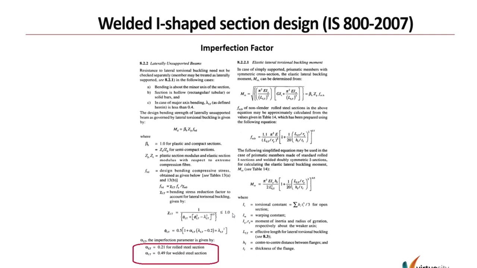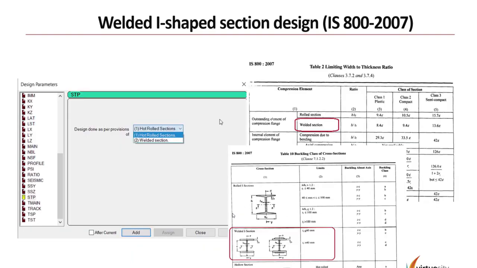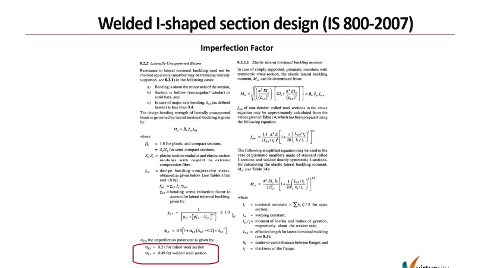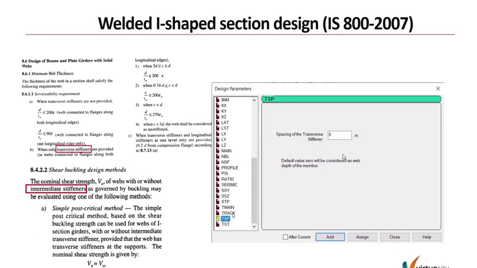Now there are some other design checks where the rules for the welded section are not the same as for the typical hot-rolled sections, and one of them is the imperfection factor. You can see this alpha LT factor for the hot-rolled steel section is different from the welded steel section. Similar to the AISC code, in the Indian code also there is a check for shear buckling.